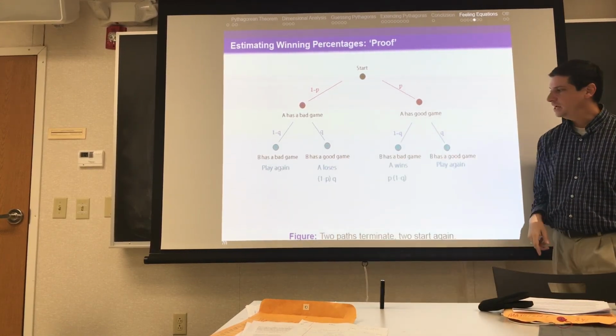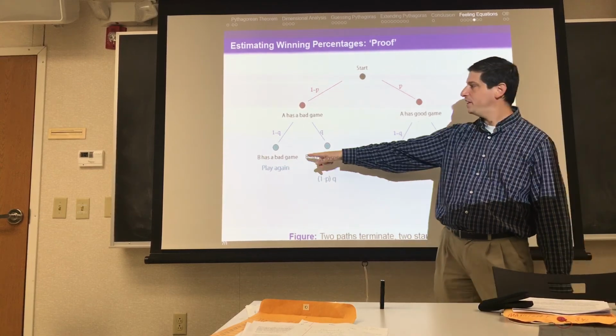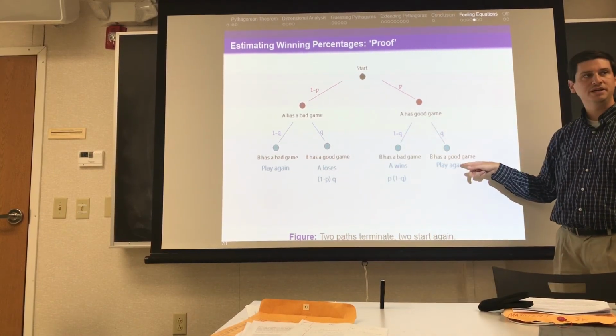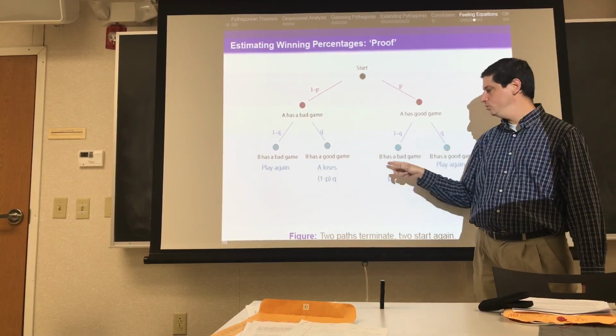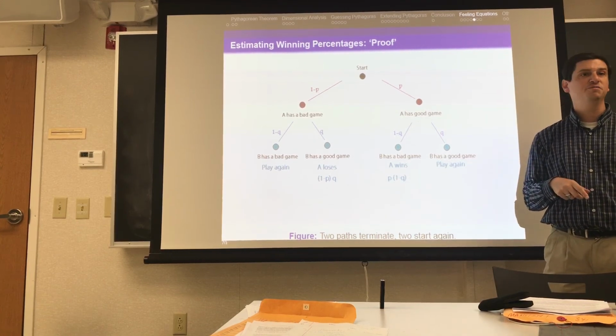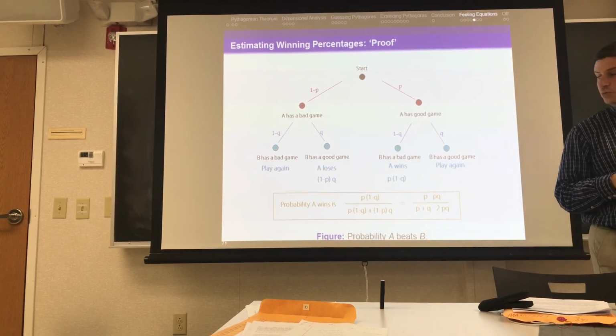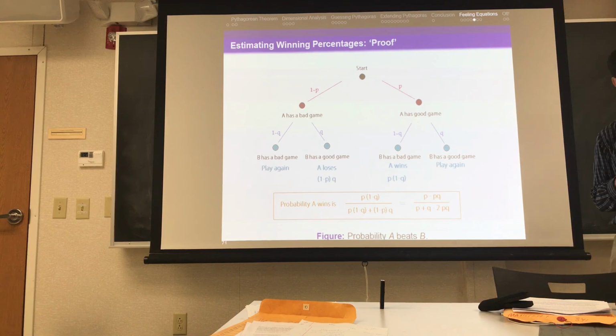And now we'll say if they both have a bad game or they both have a good game, play again. Otherwise, we'll say A loses, B wins, and now it's like a relative probability. And so then you would get the formula at the end.